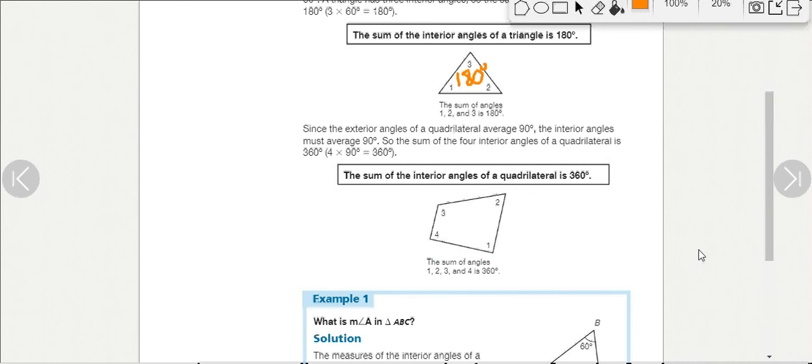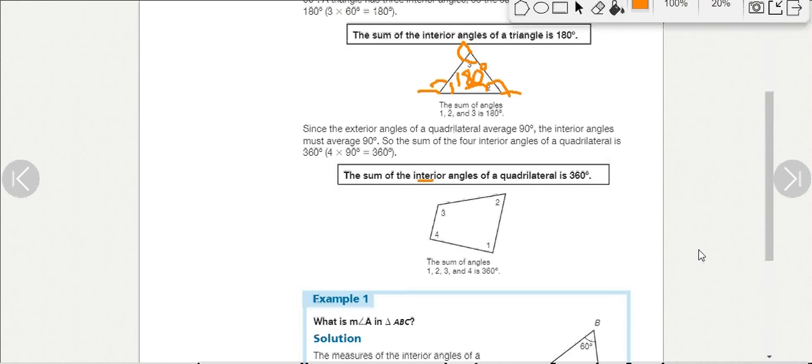No matter what each one is, you'll add them to get 180. Again, the reason being, if I make these all straight lines, that's going to average to be 120. So this part is going to be 60 on average, and that comes to 180.